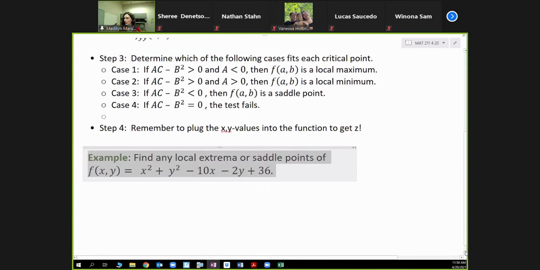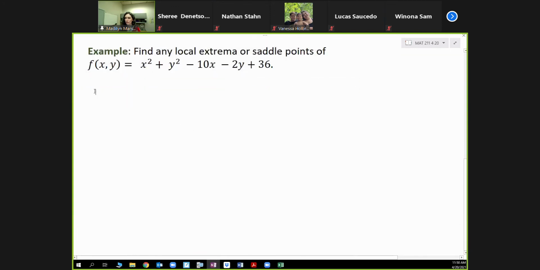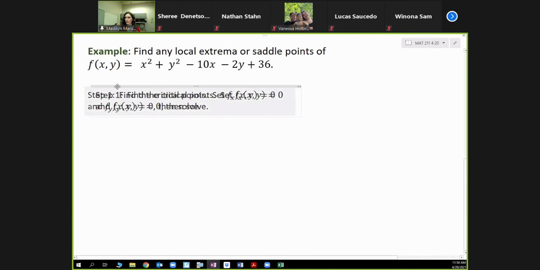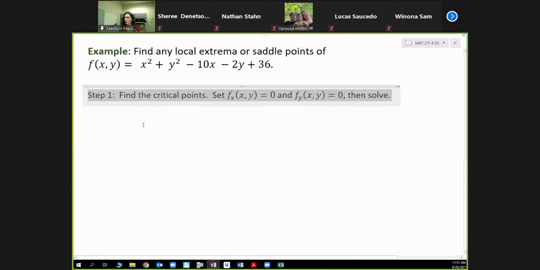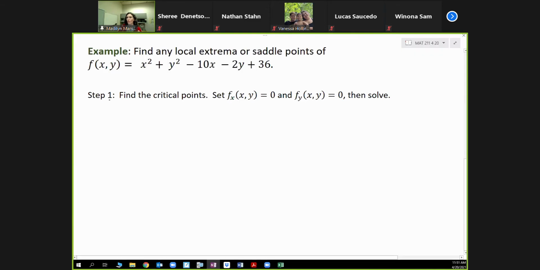So here is our question. So our instructions are to find any local extrema or saddle points of this function.